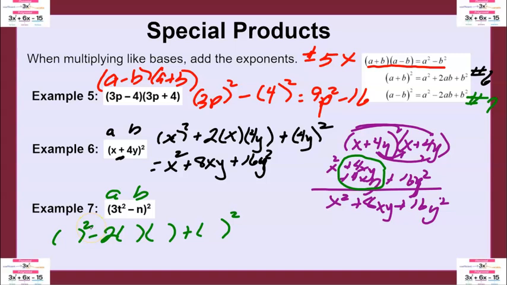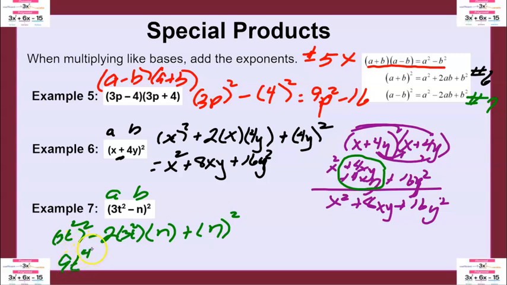So now I put my a's and b's in here. So the a term is 3t squared. And my b is an n. Now make sure you don't put a negative n in here. The negative is already taken care of with this minus sign here. So now I can solve this. 3 squared is 9. t to the 4th.